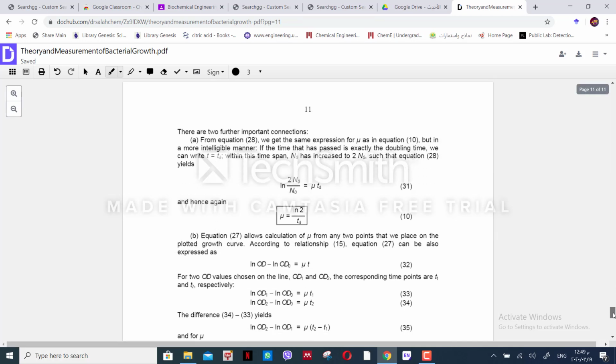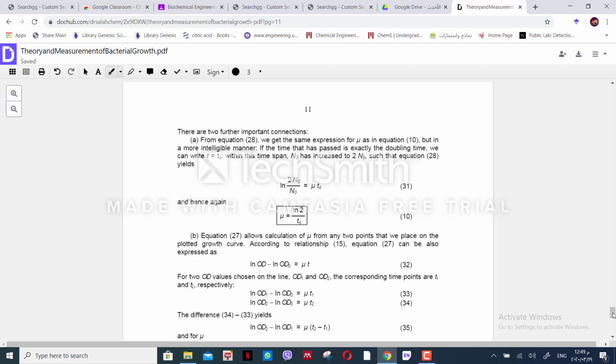There are two further important connections. From equation 28 we get the same expression for mu as in equation 10, but in a more intelligible manner. If the time that has passed is exactly the doubling time, we can write t equal td.